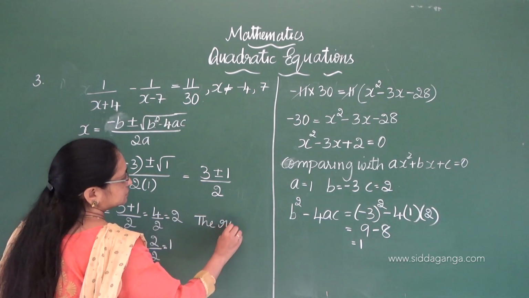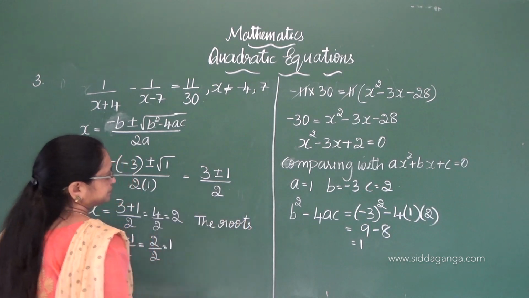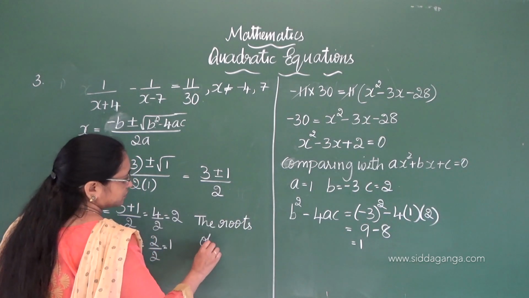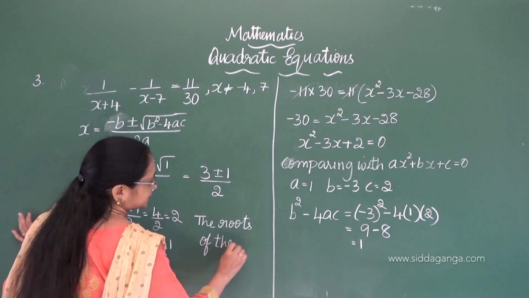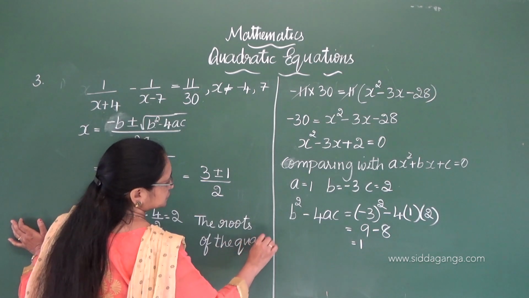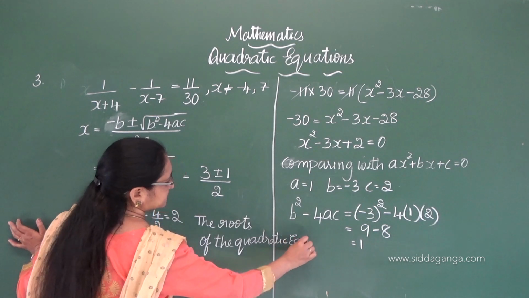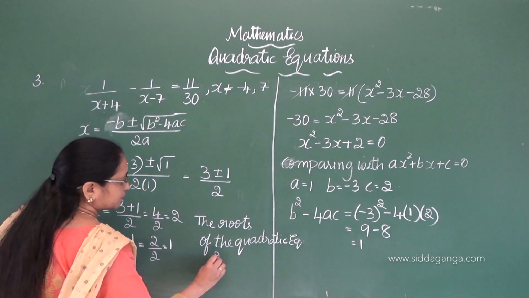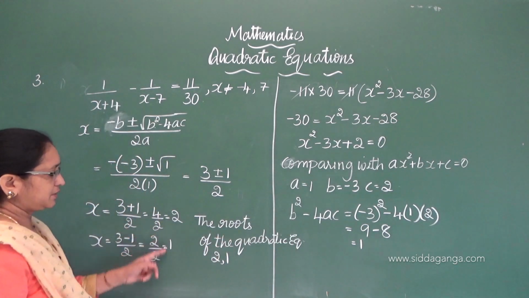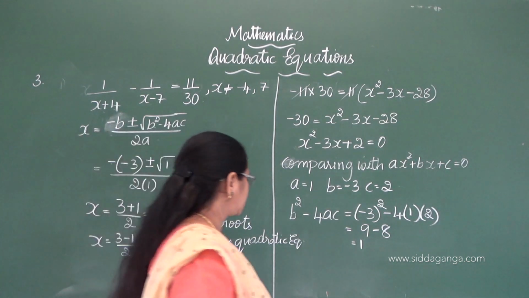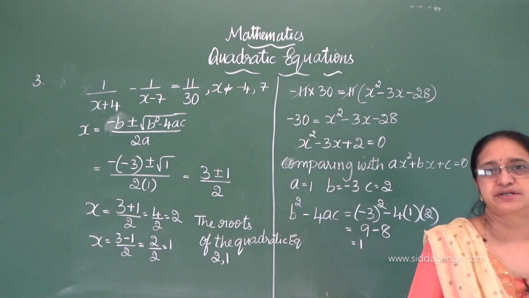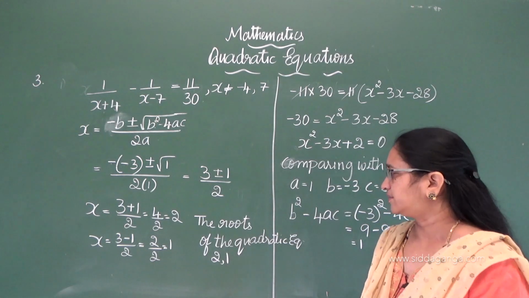Therefore the roots of the quadratic equation are 2 comma 1. I hope you understood this. So the roots of the quadratic equation are 2 comma 1.